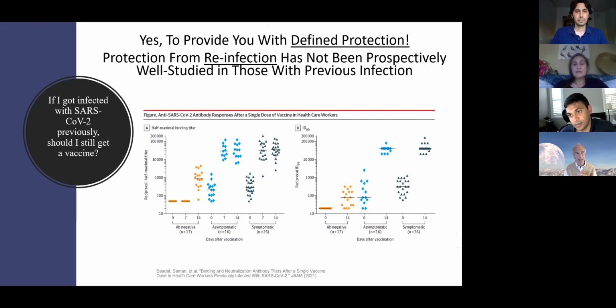So I suspect that by this fall, we'll have a year's worth of safety data and follow-up data from the original group who were immunized in the studies. And we'll probably move from authorization to full approval by that time at the latest.